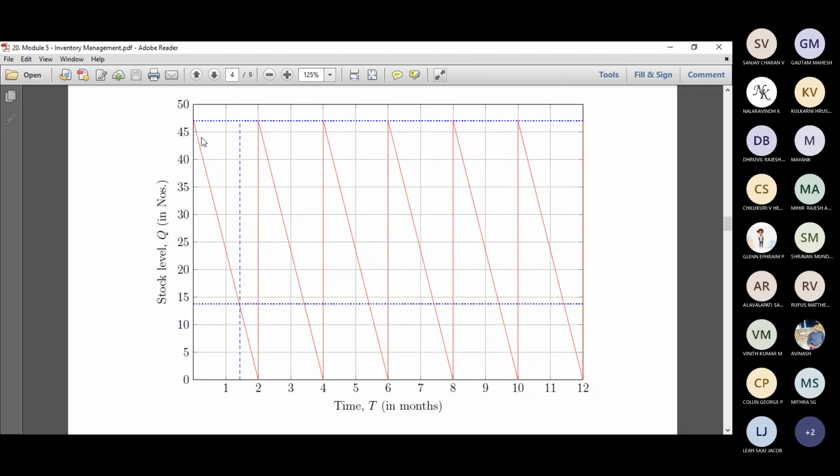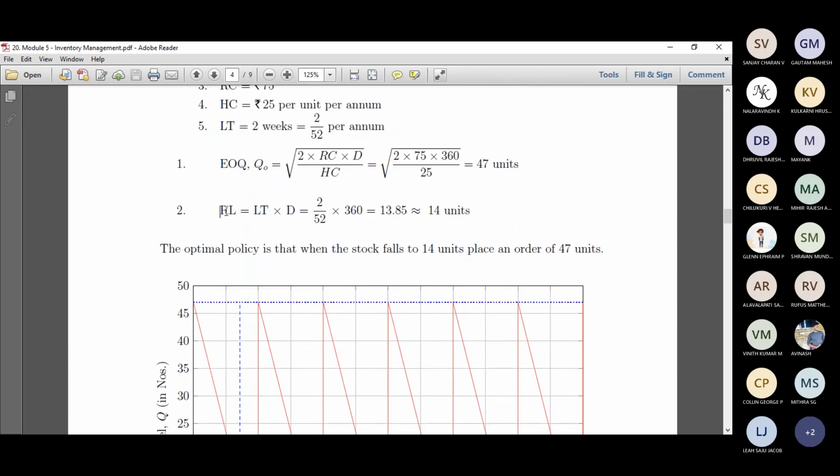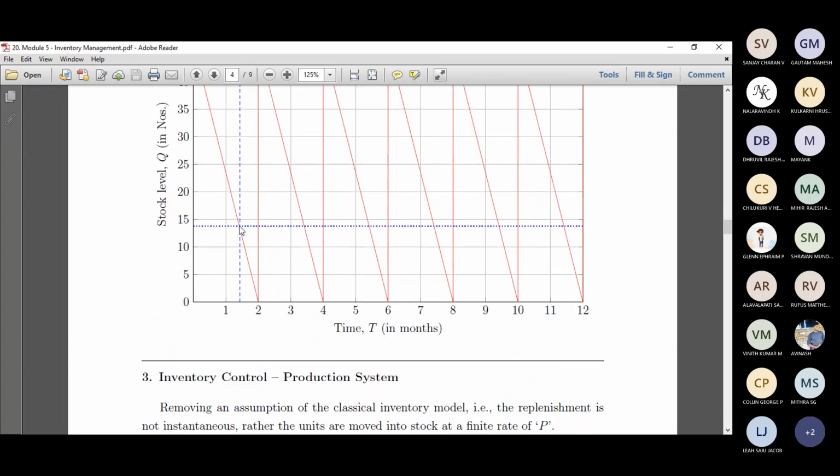So when the stock decreases like 47, 46, 45, 40, 35, 30, 25, and 20, and when it reaches 14, which is our RL, reorder level, 14 units, that corresponds to 2 weeks time. You can see this is a month, so half a month is 15 days or 2 weeks time, probably.